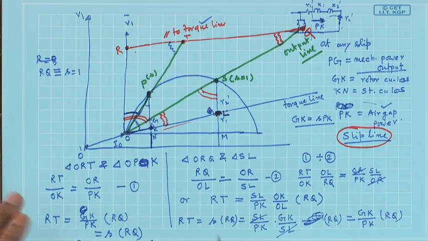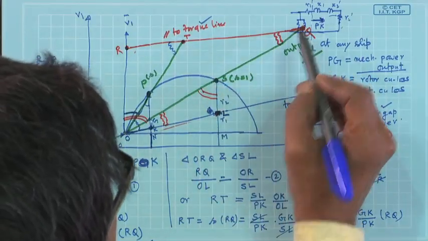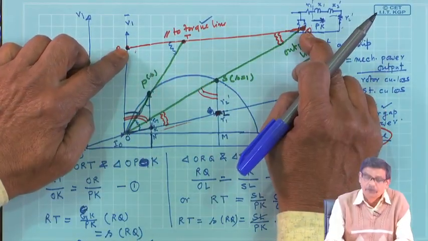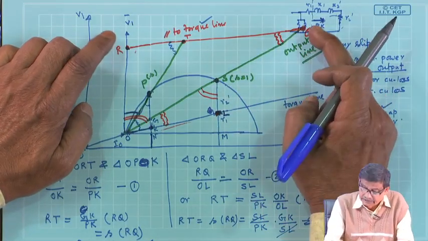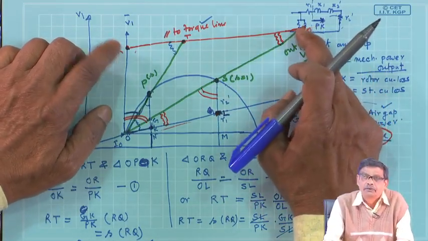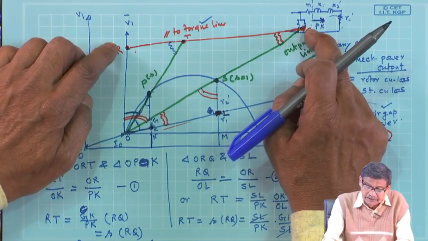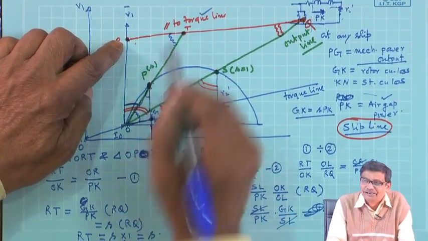So the idea is you take a point, draw a line, find out the point of intersection, then this RQ you call S equal to 1, arbitrarily, this length represents S equal to 1. If you do so, then RT must be the slip corresponding to this point.